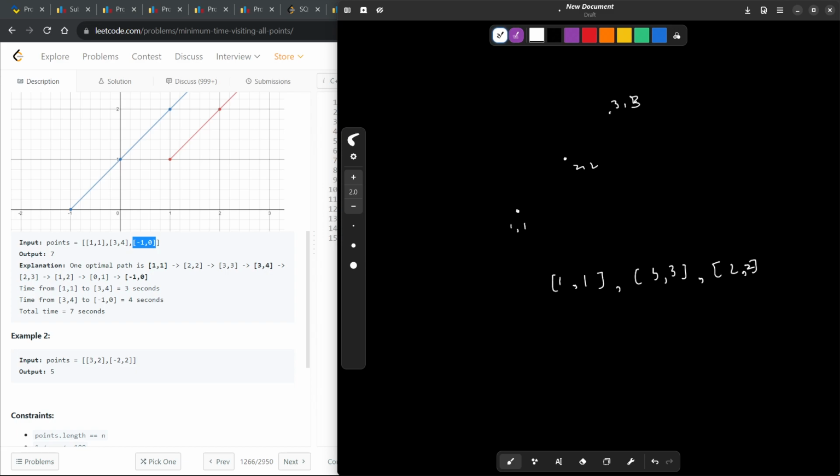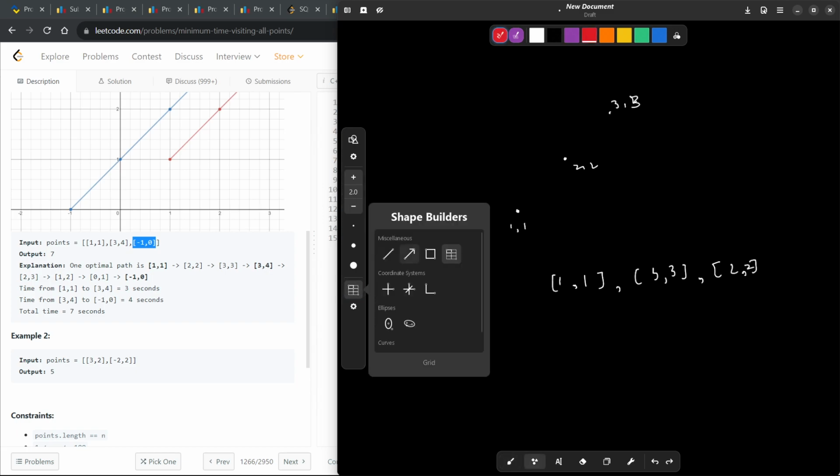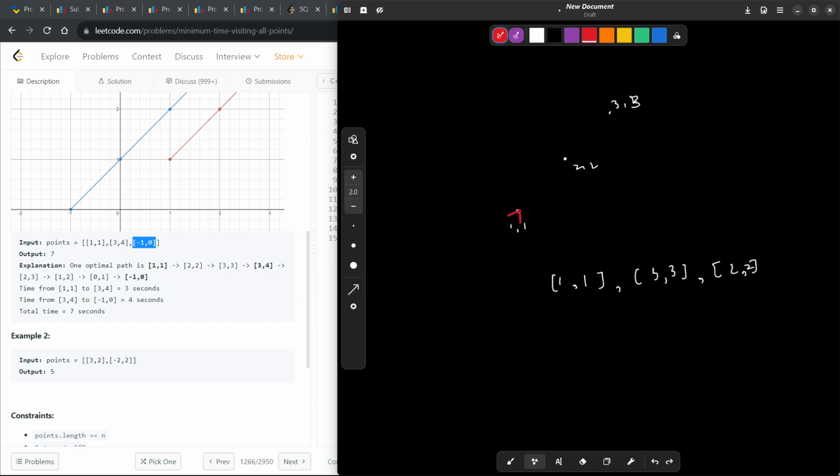That means from 1 comma 1 we have to go to 3 comma 3. So I can go like this. Let me just draw another line. I can go like this, right? This is allowed, and I can surpass this particular point. I can traverse through it.